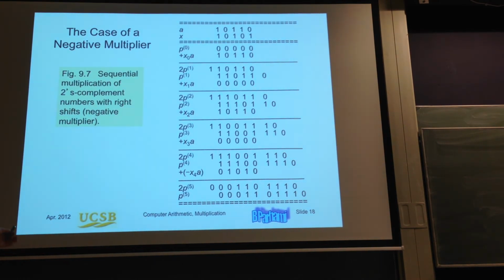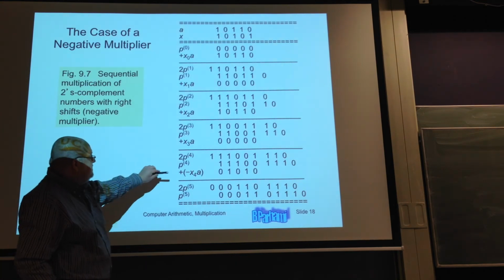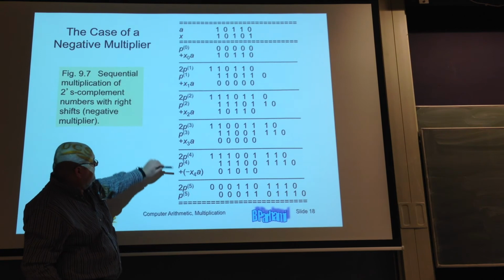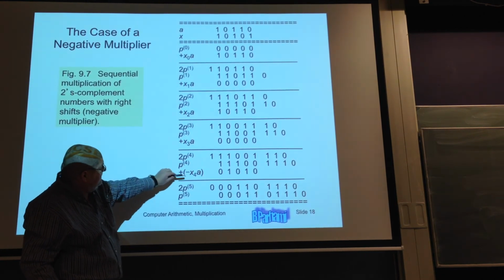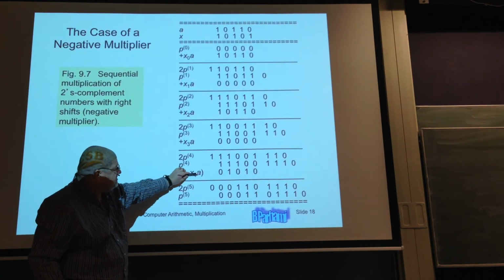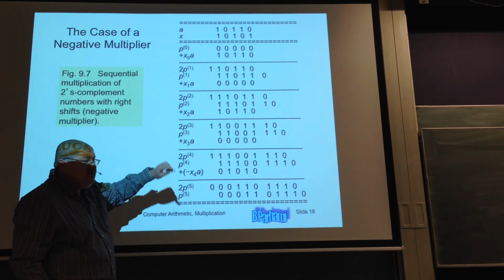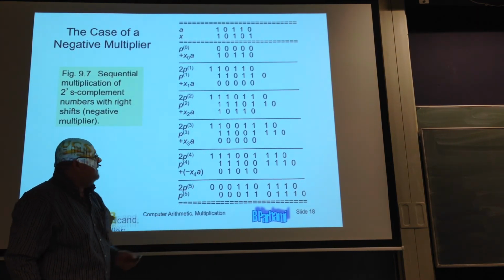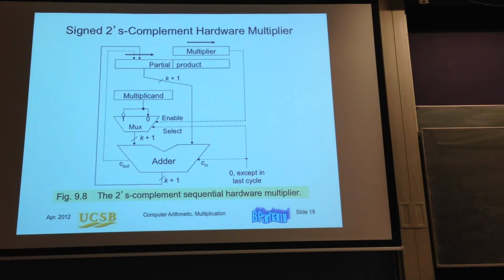Then I just have to compute the two's complement of A, then I have to compute minus A, which is A bar plus 1. And this gives me this scheme, which is very much the same as the previous one.